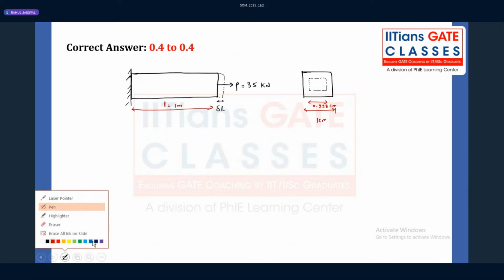Now, first of all, what is the value of the change in length that we need to calculate? They are asking for the Poisson ratio, but how do we calculate it?